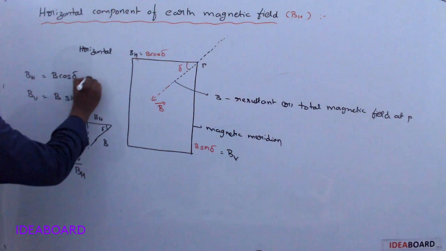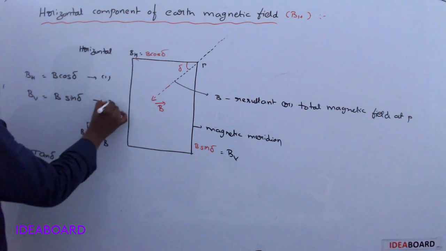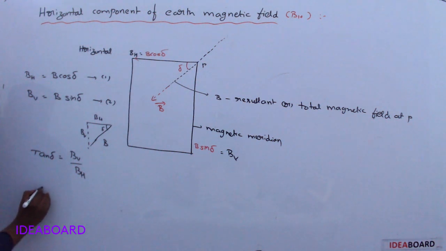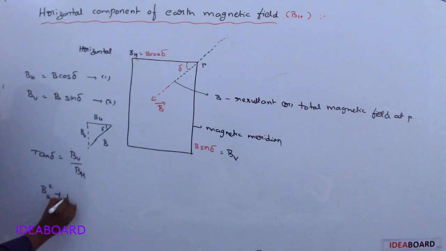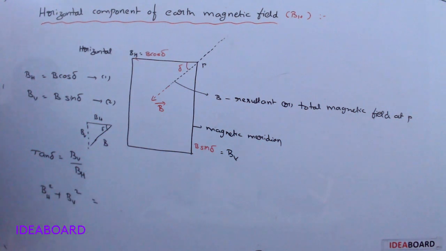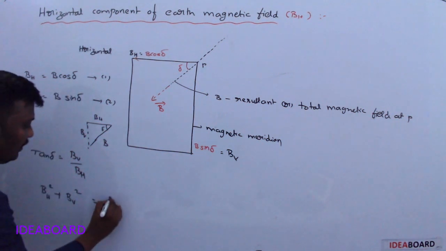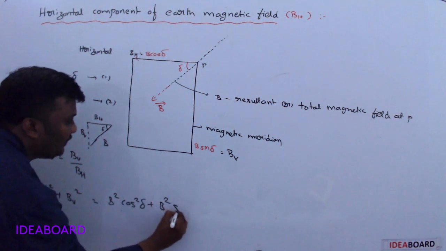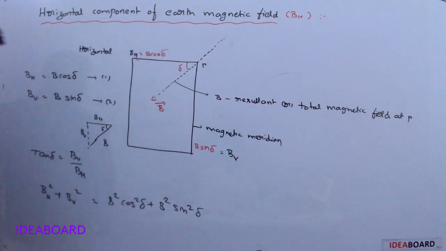Understand? Now squaring and adding equations 1 and 2. Squaring and adding, then what you got? This side BH square plus BV square is equal to this side B square cos square delta plus B square sin square delta.